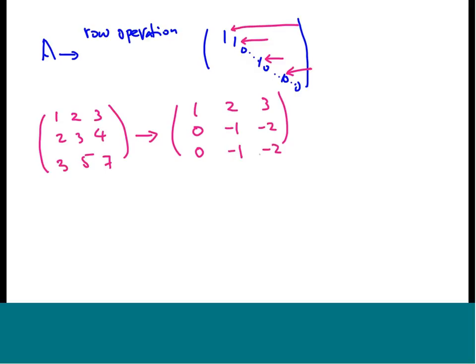Then the second row times -1 added to the third row gives 0, 0, 0.